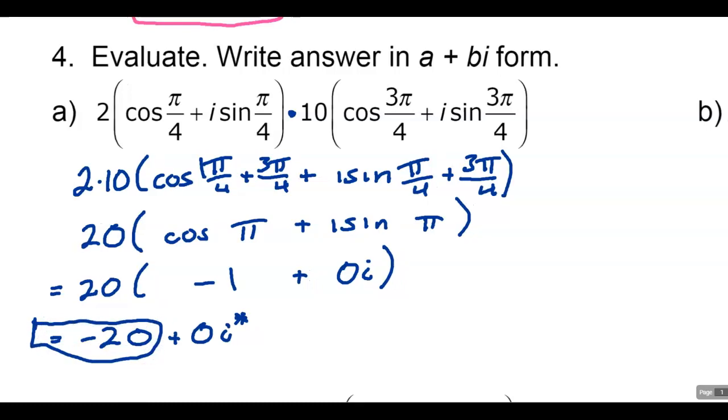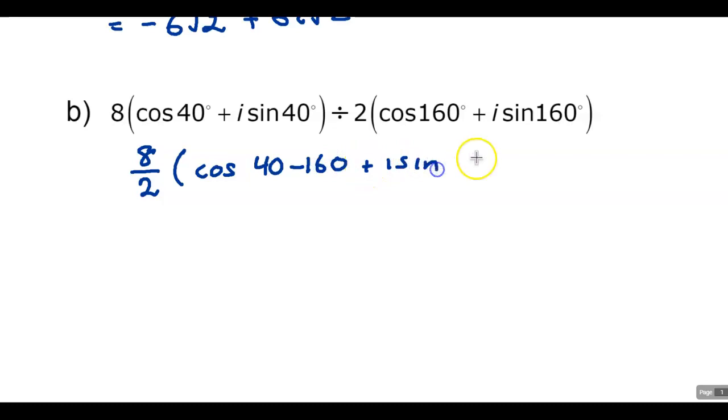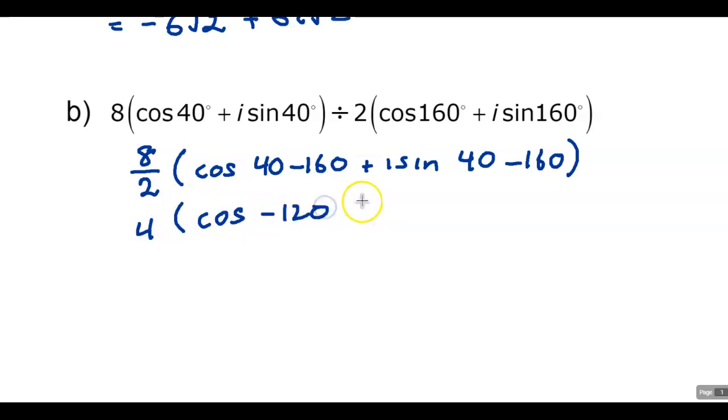All right, next let's do a division problem. So we're going to divide the radii this time and subtract the angles. So we'll have 4 cosine of -120 plus i sine of -120.